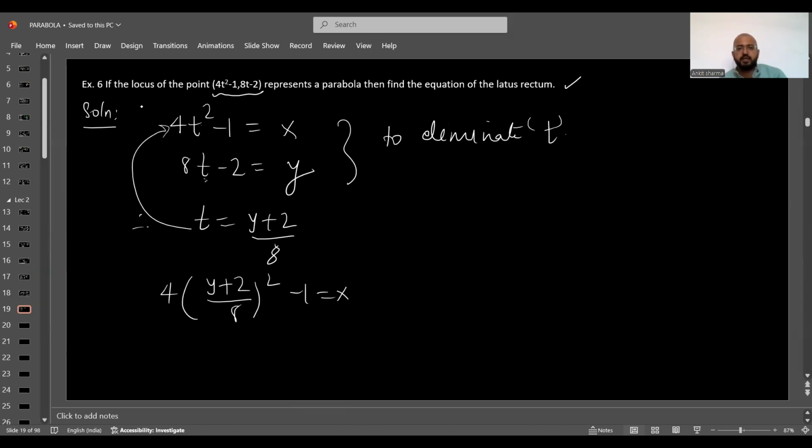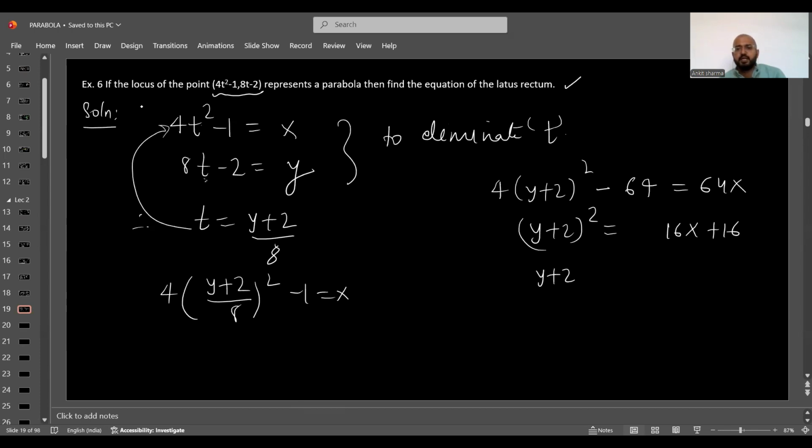So I can write 4 into (y plus 2) square over 64, minus 1, equal to x. I can multiply by 16 to get (y plus 2) square equal to 16x plus 16, so (y plus 2) square equals 16 into (x plus 1).